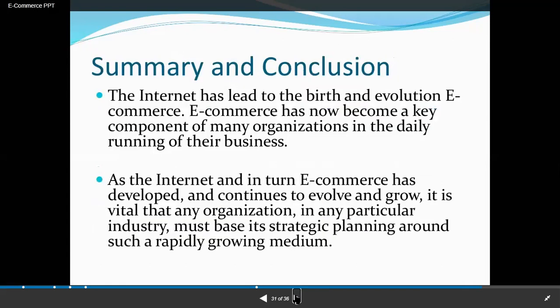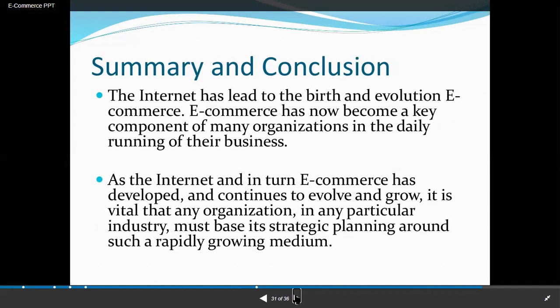So the internet has led to the birth and evolution of e-commerce. E-commerce has now become a key component of many organizations. So everyone who is going into business needs to have e-commerce. To run a business, I need to have all the facilities available to me, and I should give all the facilities to my customers so that they can buy their products online.